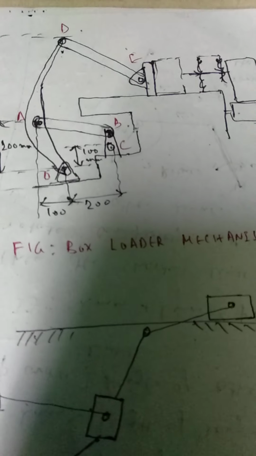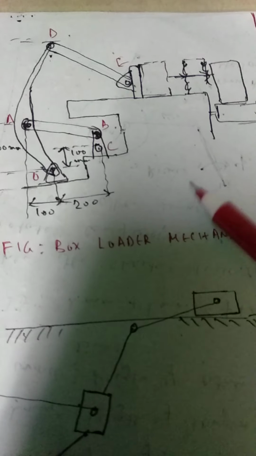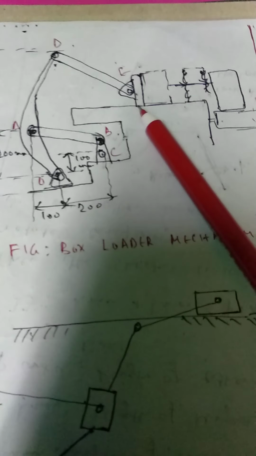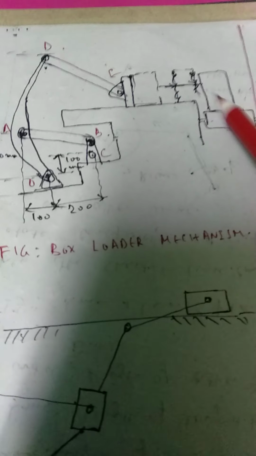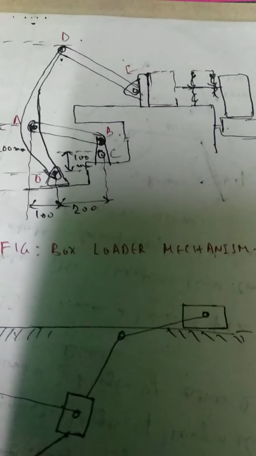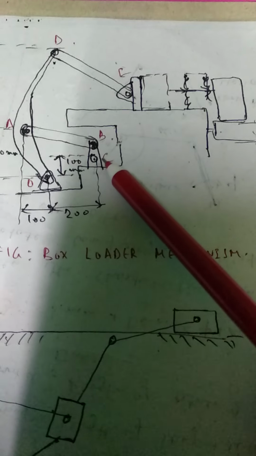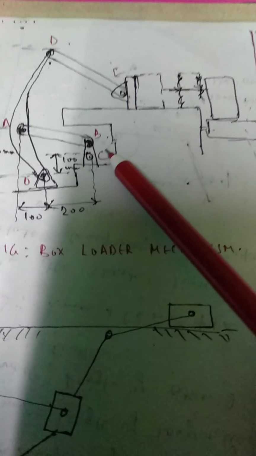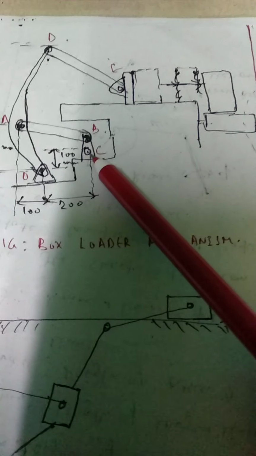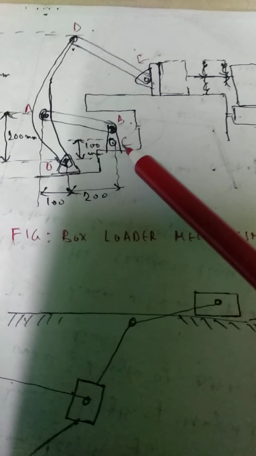This is a diagram of a box loader mechanism. As you can see, it is used to push boxes onto the conveyor belt. This link is connected to the rotary motor, and this link BC is able to rotate completely.